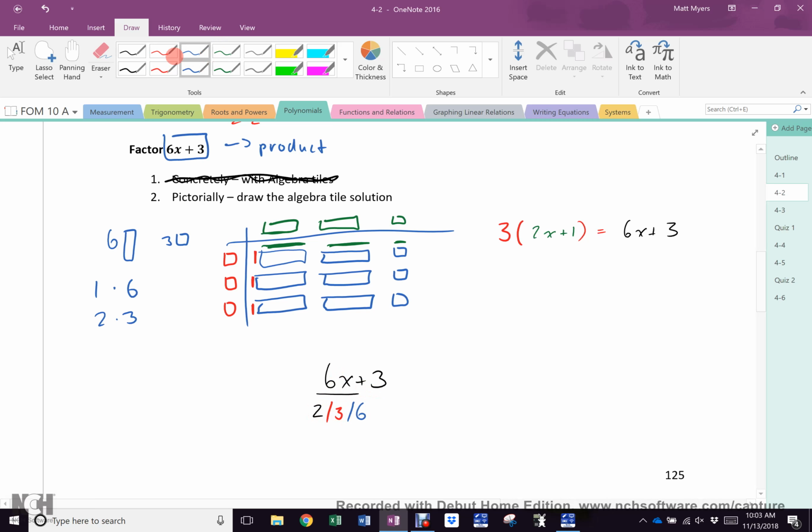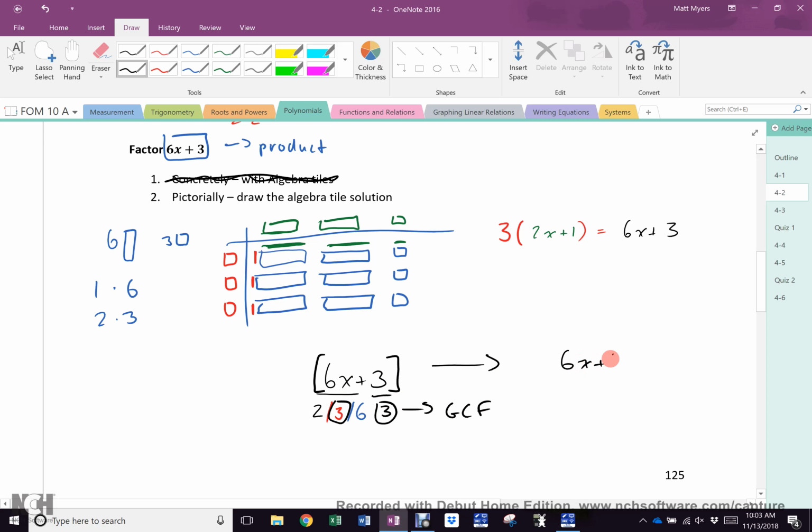What can I divide 3 by? I would never use 1. I can only divide 3 by 3, yes? Now, since this is a binomial, that means they're stuck together. What's the only one of those that works for both of them? 3, which makes 3 my GCF, which we have already talked about this year, right? So I can also do this with algebra.